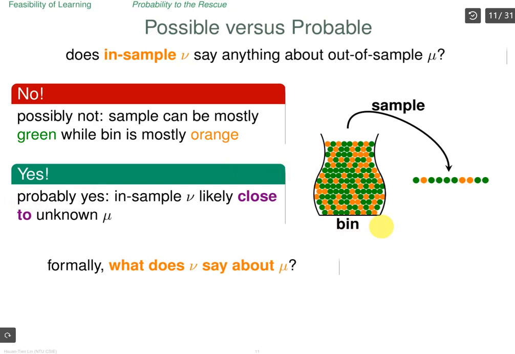So we could say probably yes, because in-sample nu is likely close to the unknown mu, the probability of orange marbles inside the bin. So formally, the question here is, what does nu say about mu? Is there any relationship between nu and mu? Can we infer the mu probability using nu?